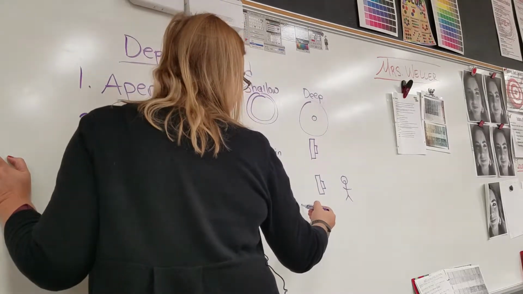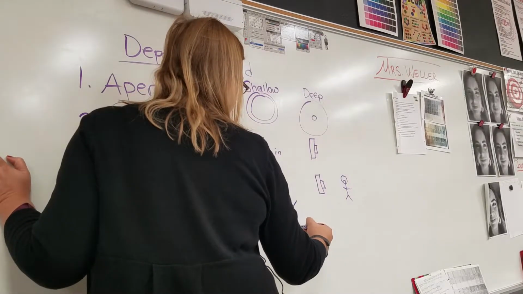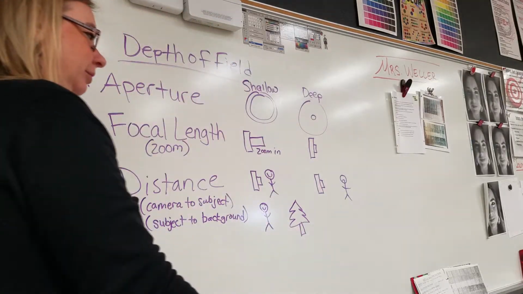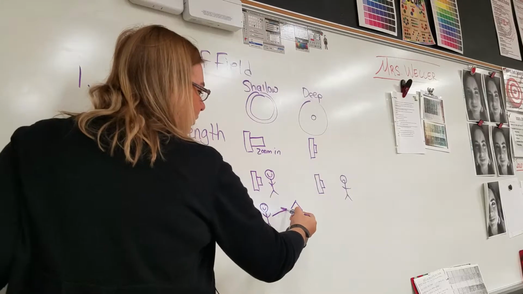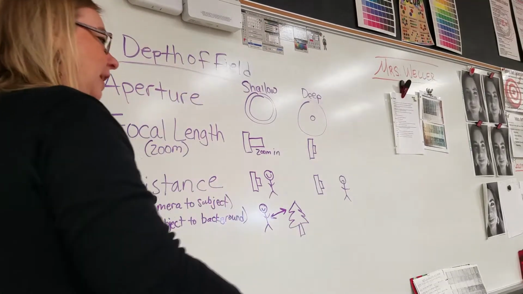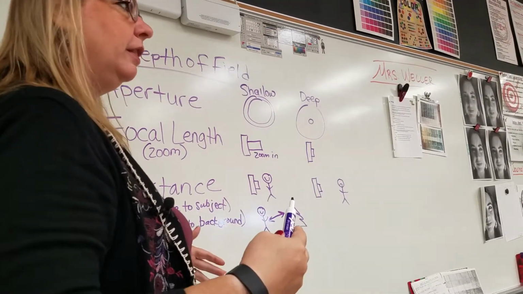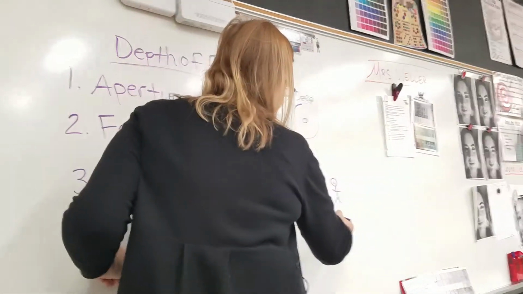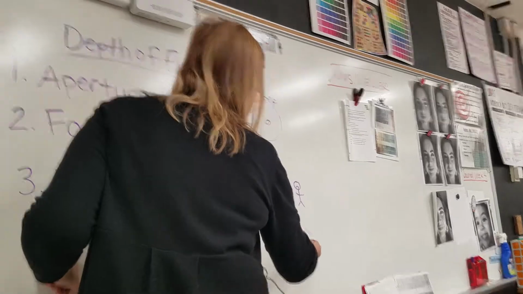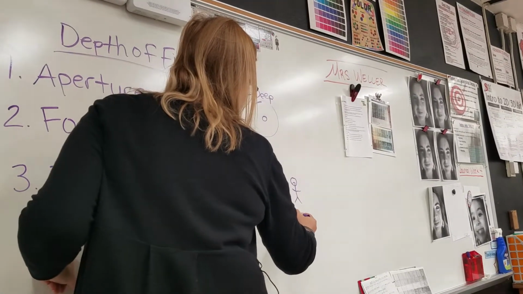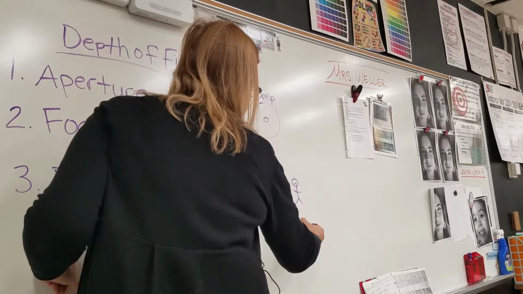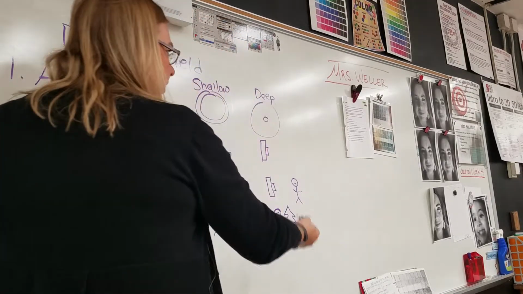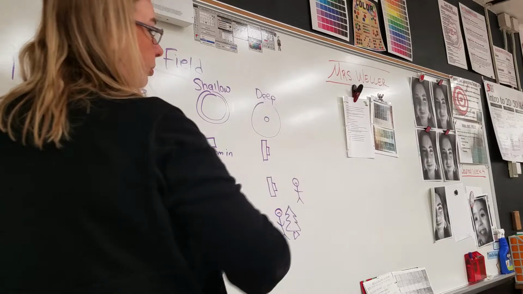Is far from my background, right? This is a great deal of distance, okay? If it's far, then it's easier to do shallow depth of field. If I do my subject close to my background, then it's going to have a deeper depth of field.